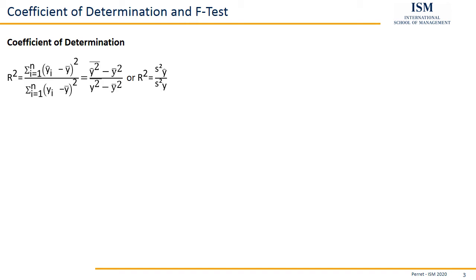So here, this was again the formula for the coefficient of determination, different ways of calculating this. And we know this is between 0 and 1, but still we cannot run a test for this.